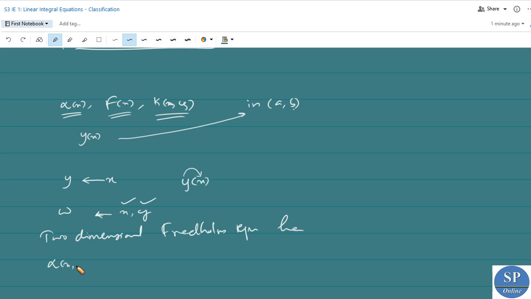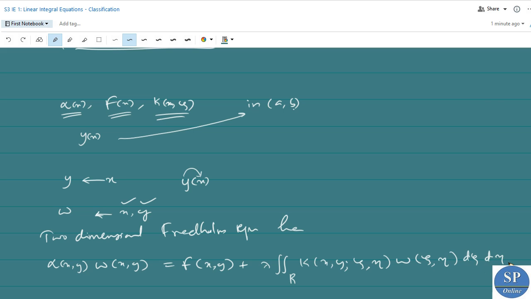alpha of x comma y into w of x comma y equal to f of x y plus lambda into the double integral over R of k of x y zeta eta, w of zeta eta d zeta d eta.